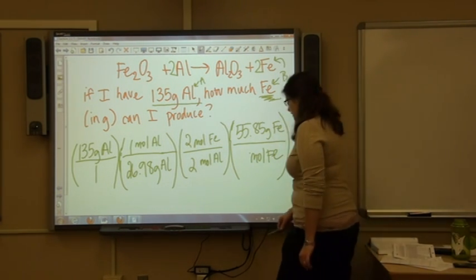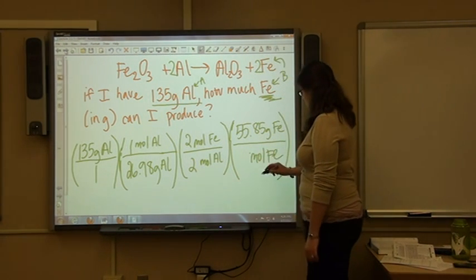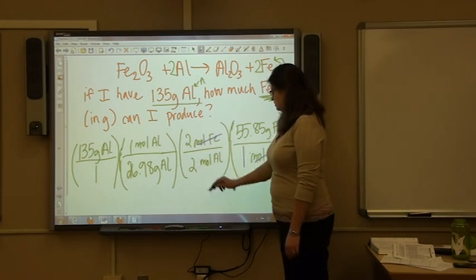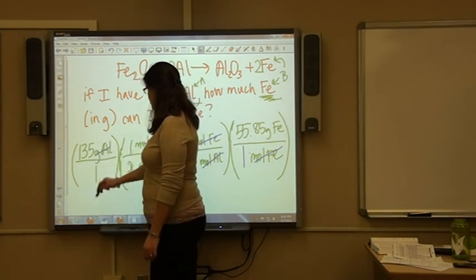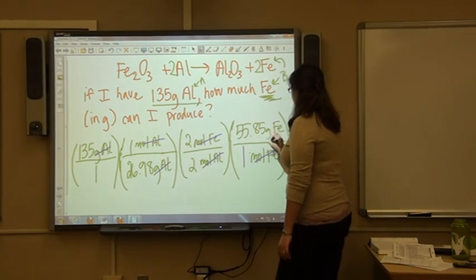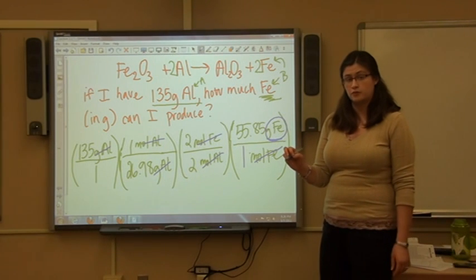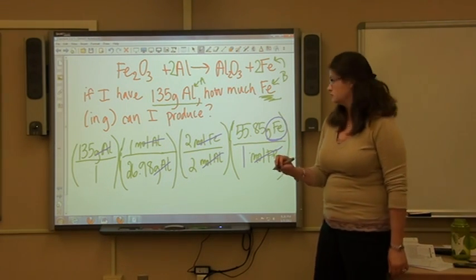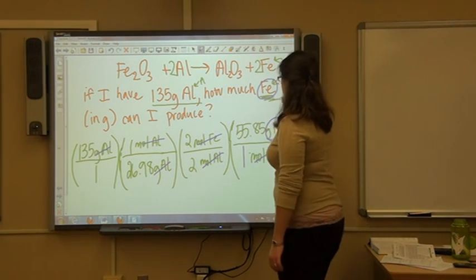Okay, let's take a look here real quick and make sure all of our units are canceling. Oh, and that's per 1 mole. Moles iron, moles aluminum, grams aluminum. Therefore, our final unit is going to be grams of iron. Is that what we're looking for? Yes. How much iron in grams? That's our question mark.